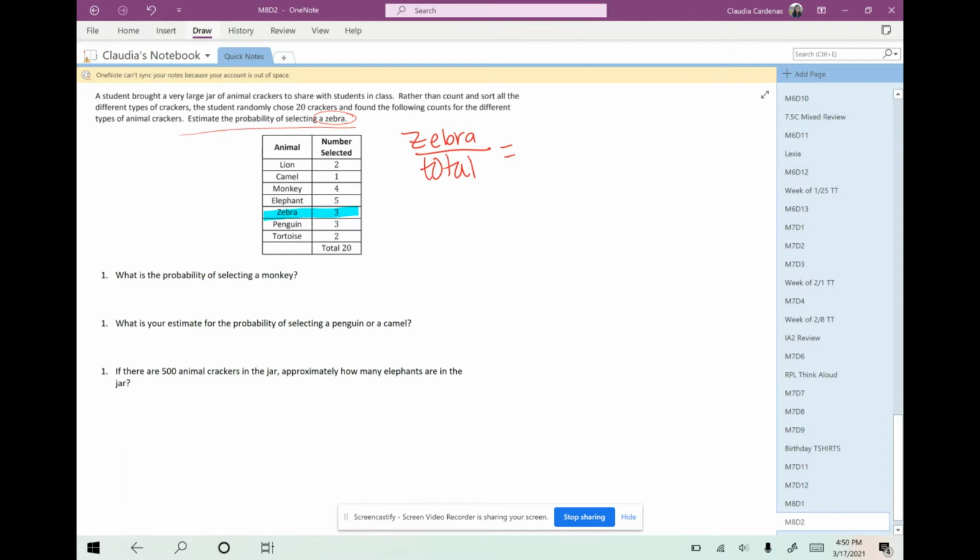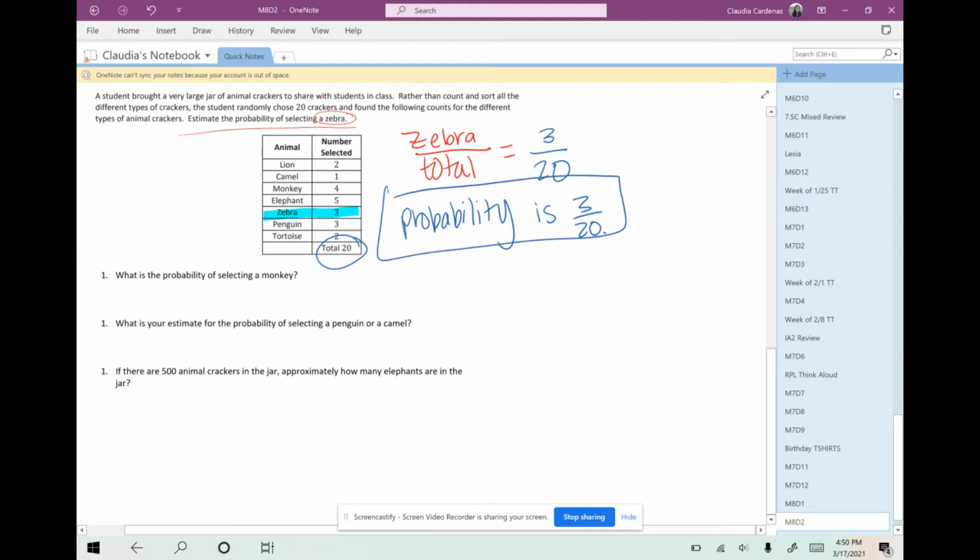Once I've highlighted that row, I see that there were 3 zebras out of a total of 20 animal crackers. So the probability of selecting a zebra is 3 out of 20. That one wasn't given to us below, but it was already said in the word problem, so it's good to start off there.